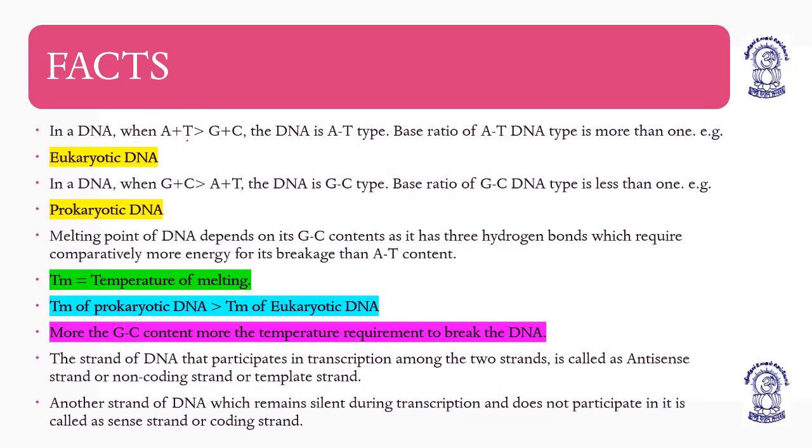In a DNA, when A plus T is greater than G plus C, the DNA is AT type. The base ratio of AT type DNA is more than 1. Example, eukaryotic DNA.